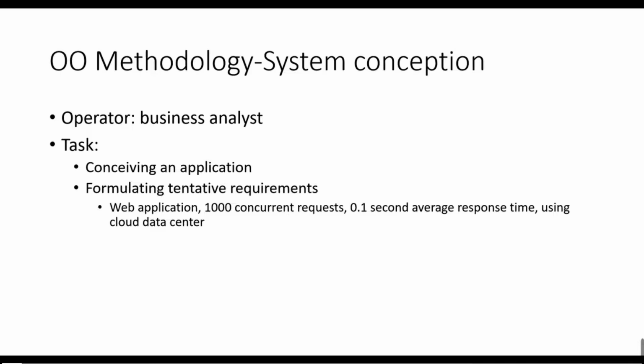For example, we may say we want a web application that could support 1,000 concurrent requests, and the average response time should be, for example, smaller than 0.1 seconds. And we also need to use some cloud data centers. That is, we just need to give some main ideas of the application.